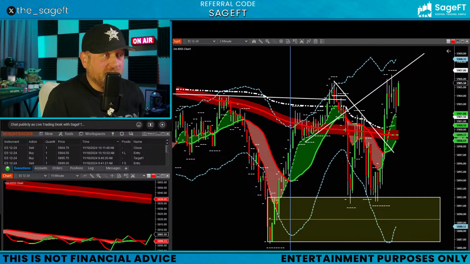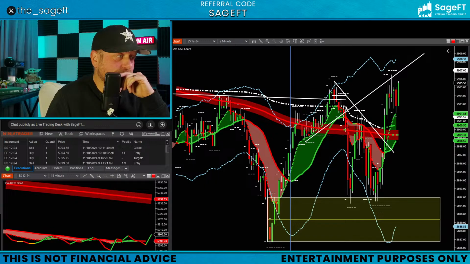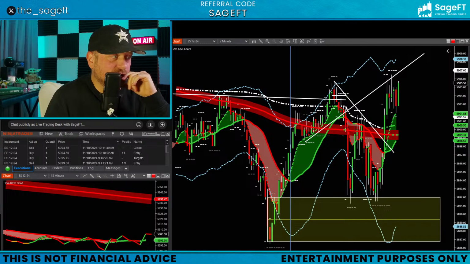So if we enter again at 450, the stop would have to be a little bit bigger of 150 this time. That moves your target to 0750.